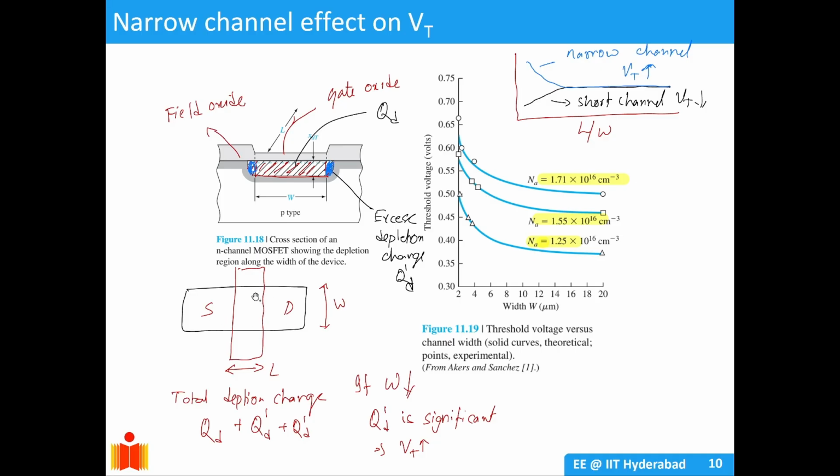If we reduce the channel width, the net area will decrease, and due to that, the depletion width will have to be increased, and because of that, your VT will increase.